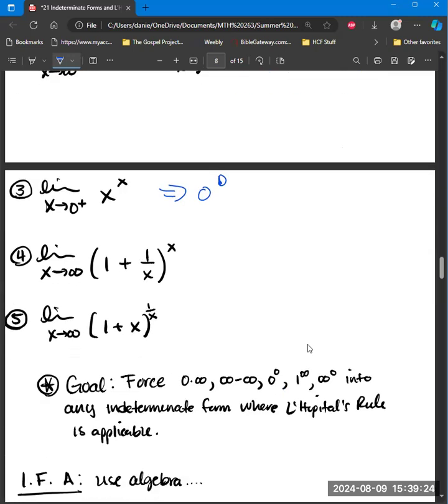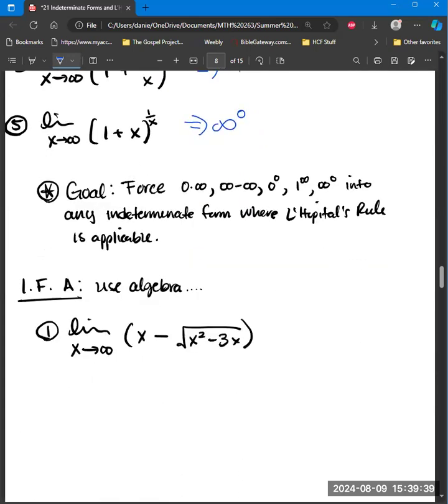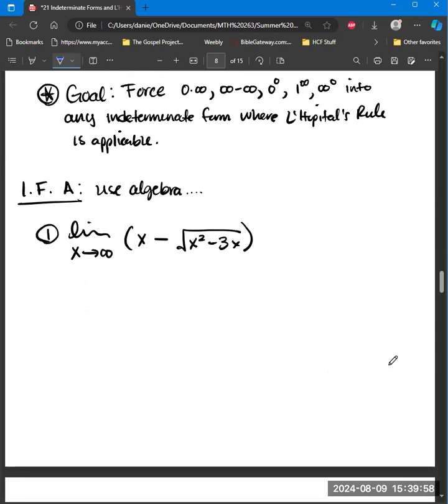This one is going towards 1 to the infinity, and this one is going towards infinity to the 0. So those are all different types of indeterminate forms that we can see. Our goal would be to force 0 times infinity, infinity minus infinity, 0 to the 0, 1 to the infinity, or infinity to the 0 into an indeterminate form where L'Hopital's rule can be applied, or where other techniques can be applied and I don't need to use L'Hopital's rule.